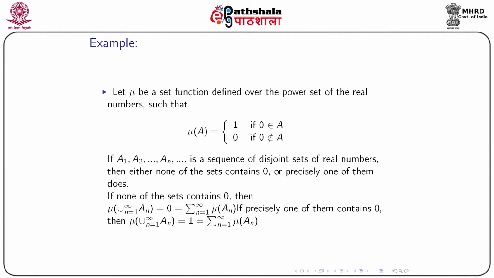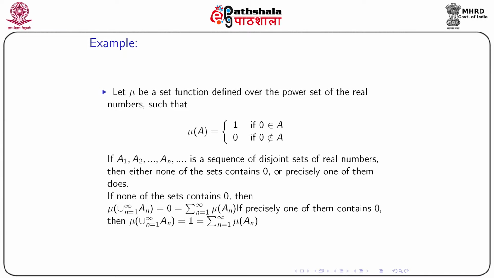This is defined over the power set of the real numbers, so all possible sets made from the set of real numbers, and we define mu A to be 1 if the element 0 belongs to the set A, and mu A will be 0 if 0 is not in the set A. Thus we are defining a set function depending on whether the element 0 is within the set or not.